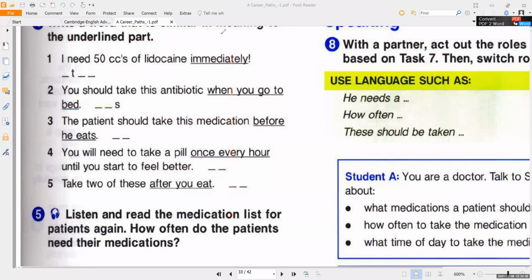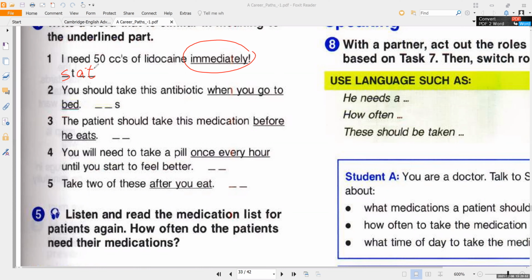I need 50 cc's of lidocaine immediately. So immediately is the word stat. Stat.